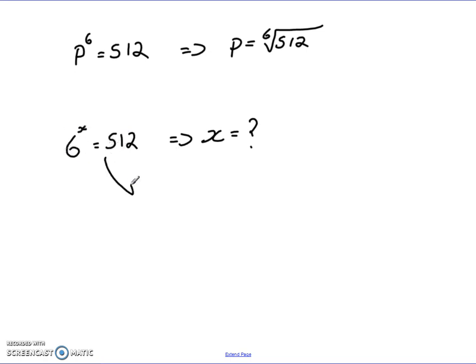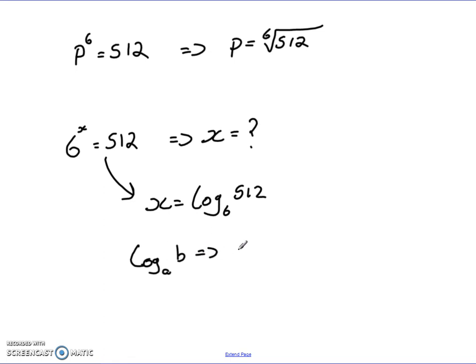So we can note this and write it down using the notation that x equals log with a 6 there of 512. Now, what this literally means and what this could be read as is x equals log to the base 6 of 512. Now, in this sort of question, let's imagine it's the format log to the base a of b.